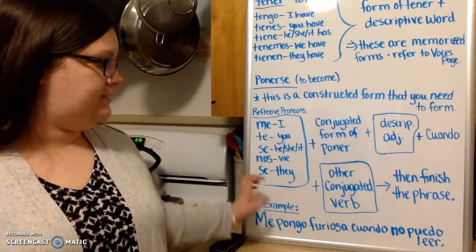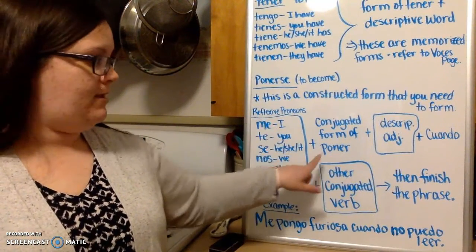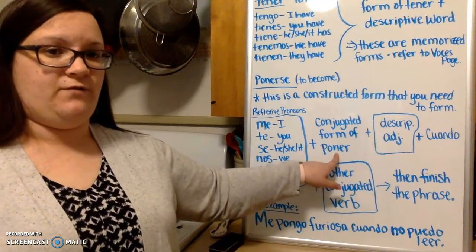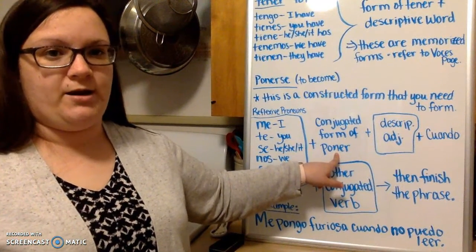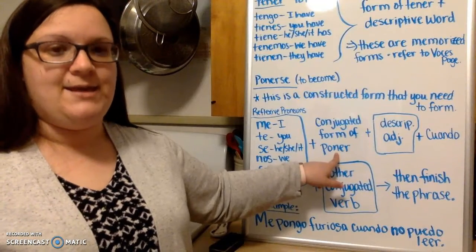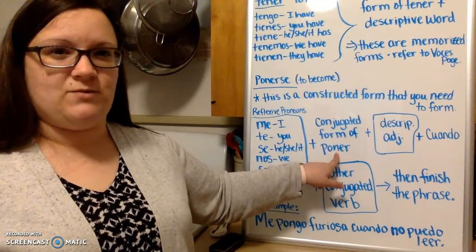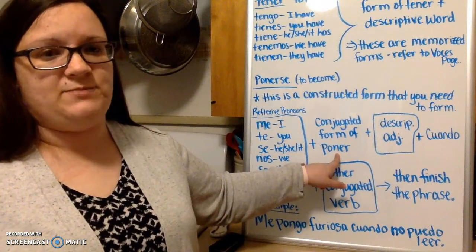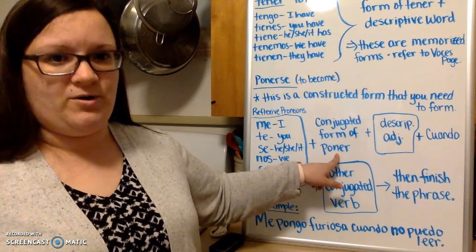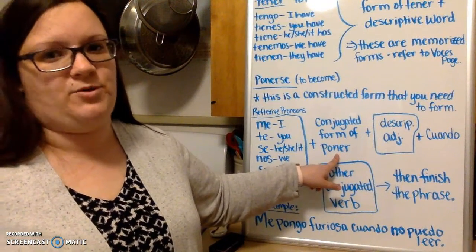All right, so we pick one of these, and then we use our conjugated form of poner, so whatever that's going to look like. Poner conjugates regularly, except for in the yo form. It is what we call a yogo, so it becomes pongo, and then the rest become pone, pones, ponemos, ponen.